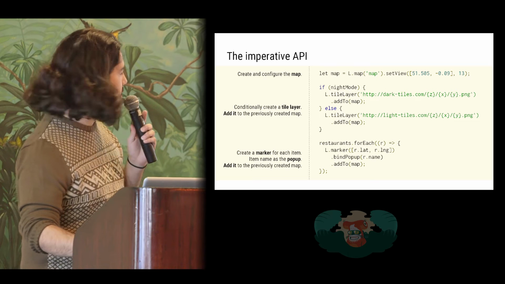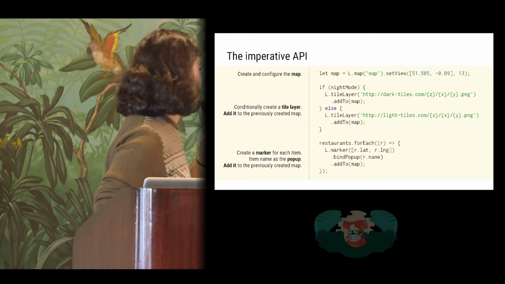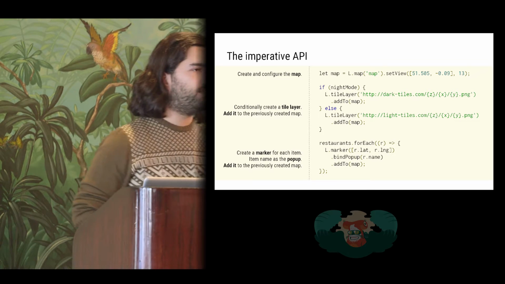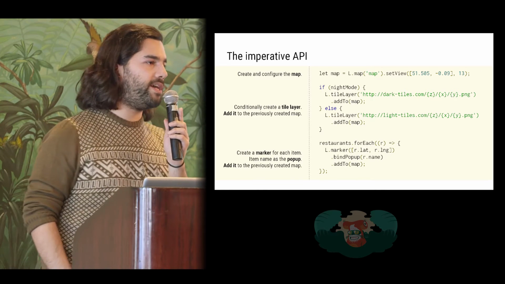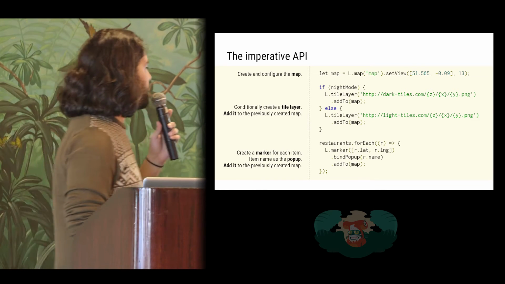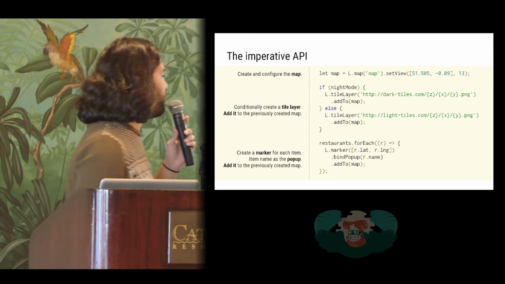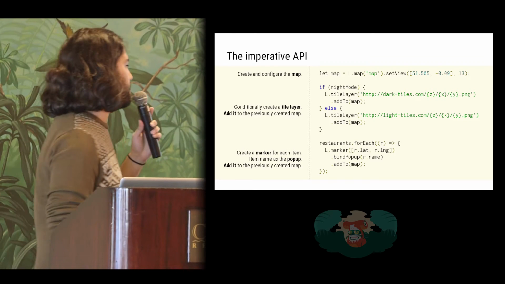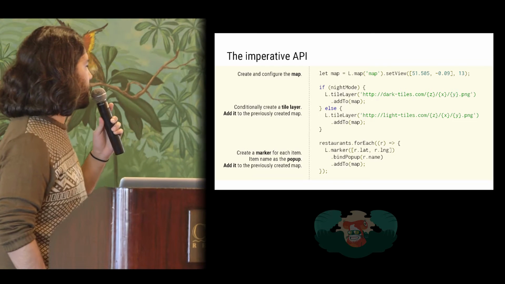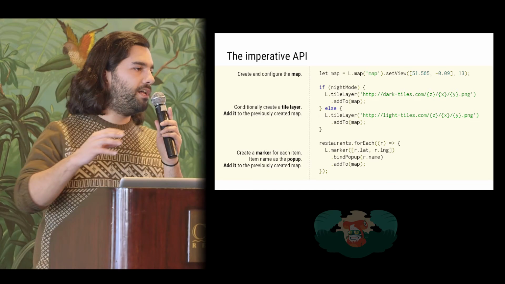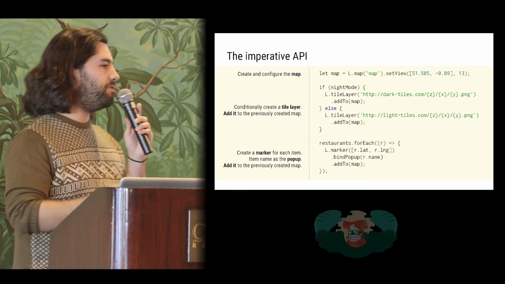Next, you can imagine we had a restaurants array coming from, I don't know, your API or something, and that array had some objects with the latitude and longitude of the restaurant and the name of it.